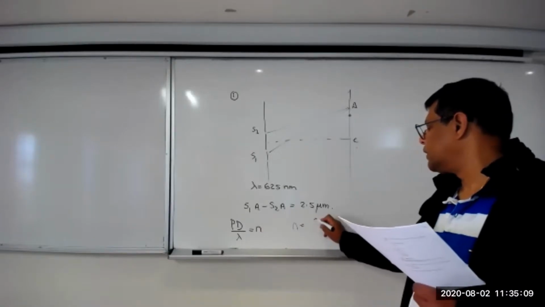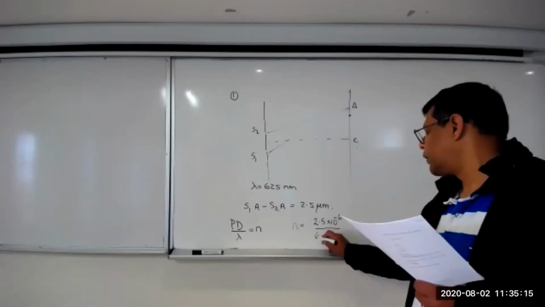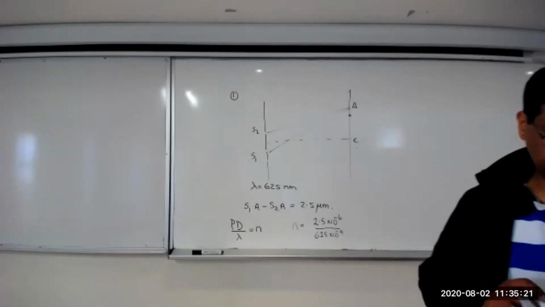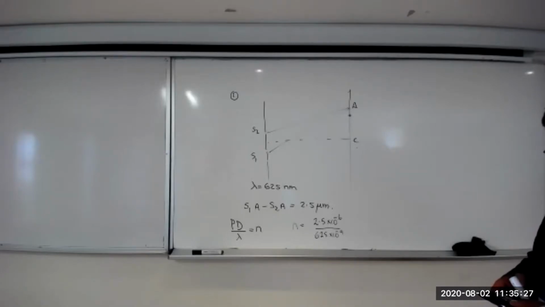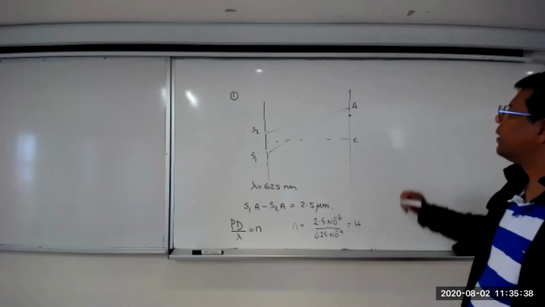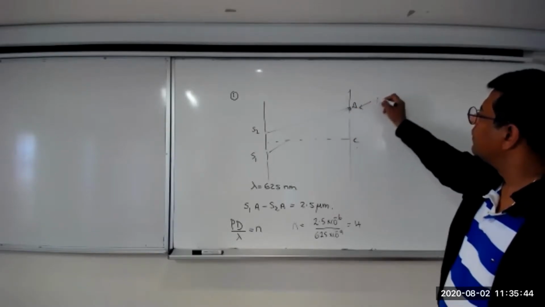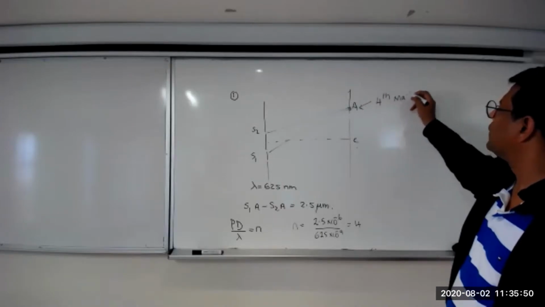In our case, this is 2.5 micrometers, 10 to the power of -6, over 625 nanometers, 10 to the power of -9. It's 4. n equals 4 means that's the 4th maximum. That means that point should be the 4th maximum, or the 4th antinodal point.